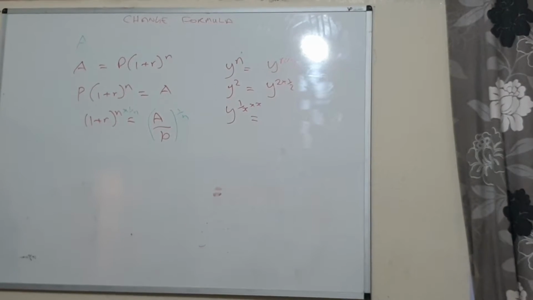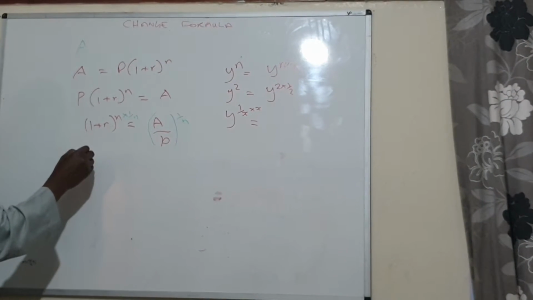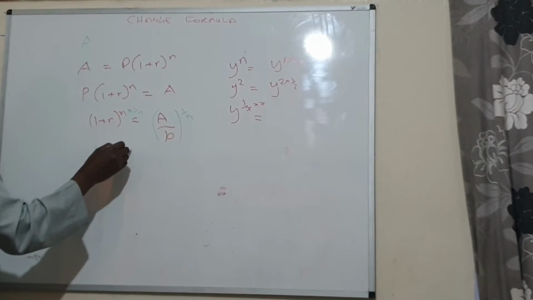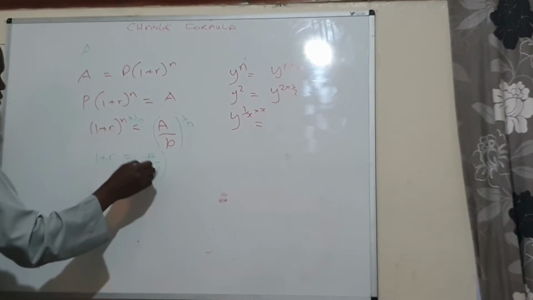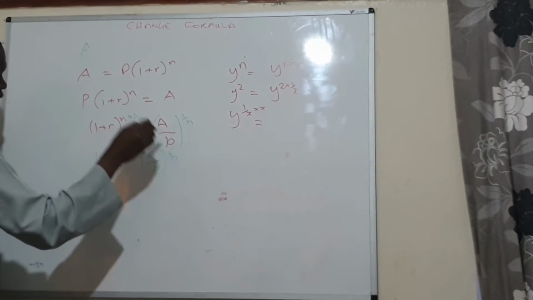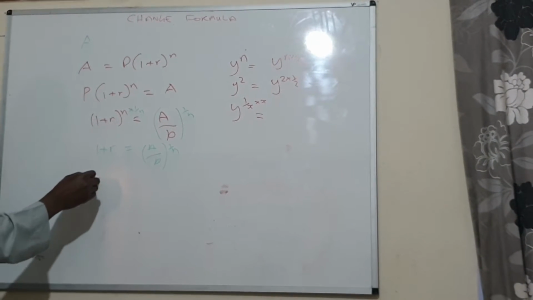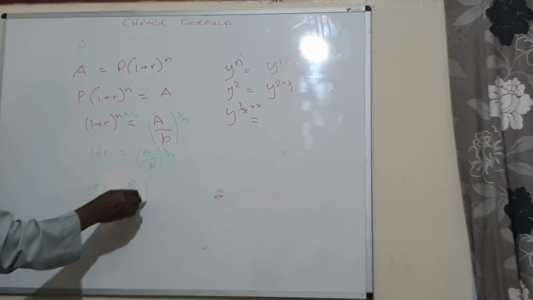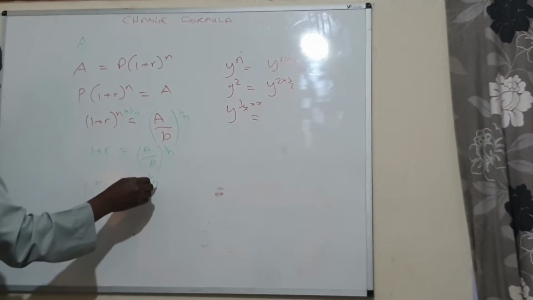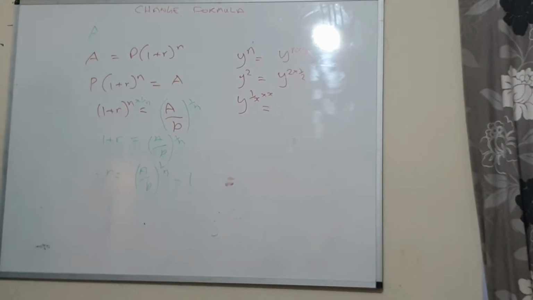Do you get it? So therefore we are left with R now. 1 plus R is equal to A over P to the power 1 over n. So R alone will be equal to A over P to the power 1 over n, minus 1.